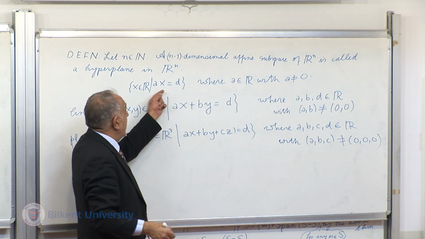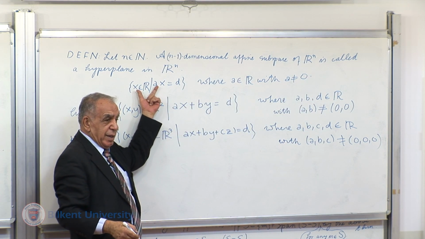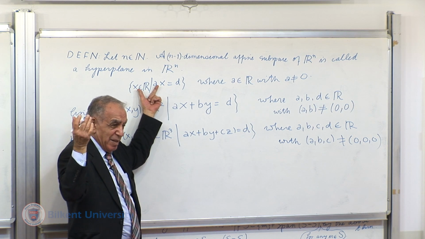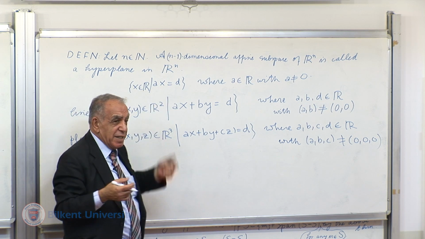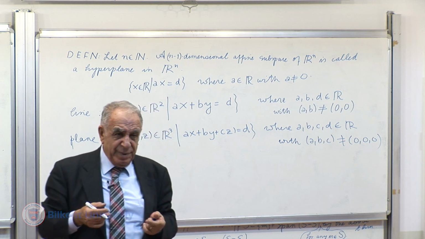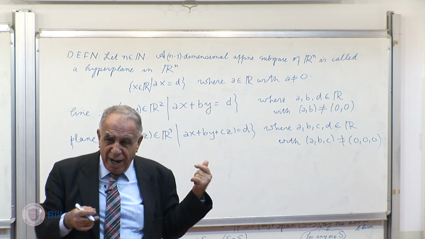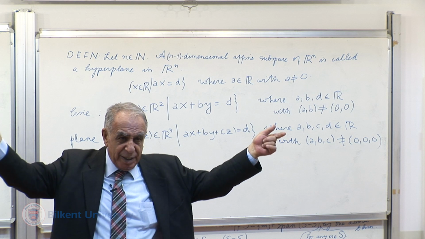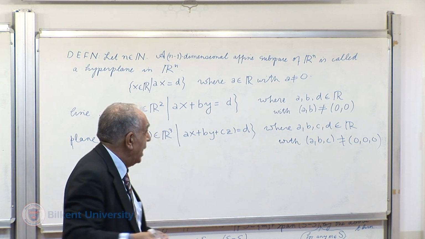Well, here, if A is different than 0, this is a one-element set, which is X is equal to D over A. But if A is 0, this is either the empty set or the entire R. So that's the point.